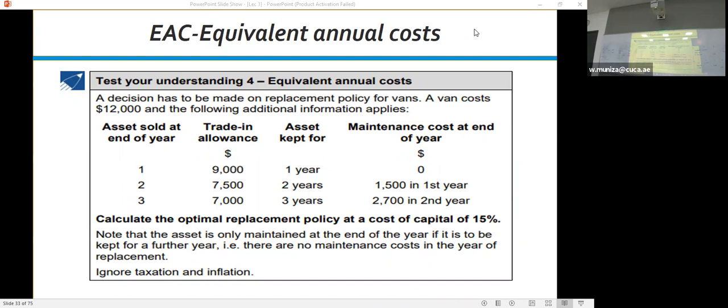In the third year, we do not have maintenance, and the trade-in allowance is 7,000. Yes, 7,000. Now compare your answers. This is for the third year replacement strategy.